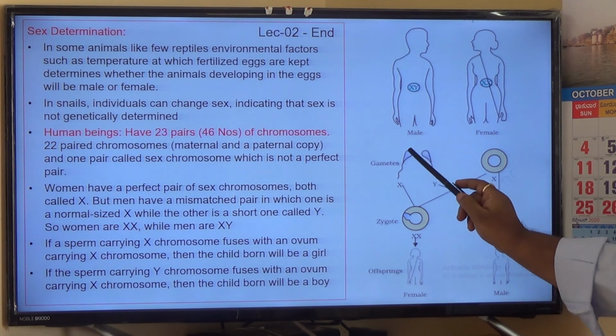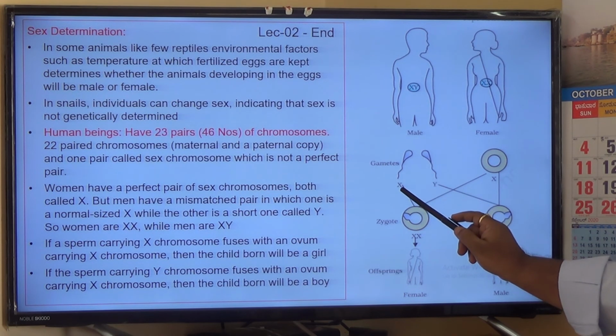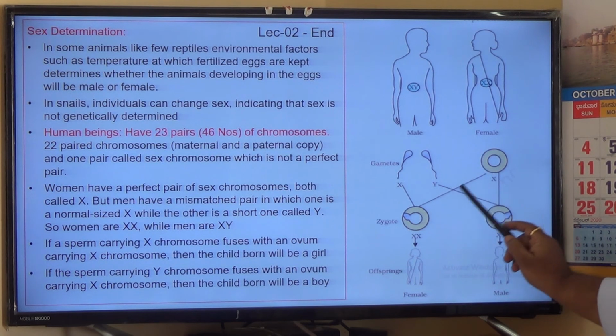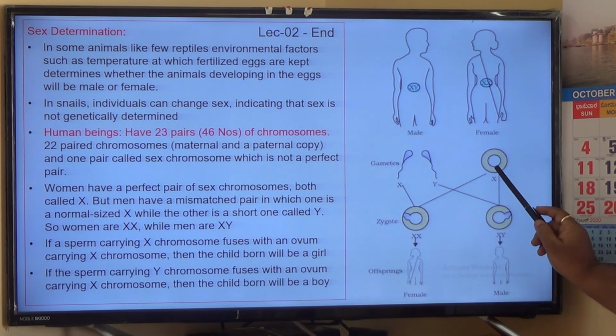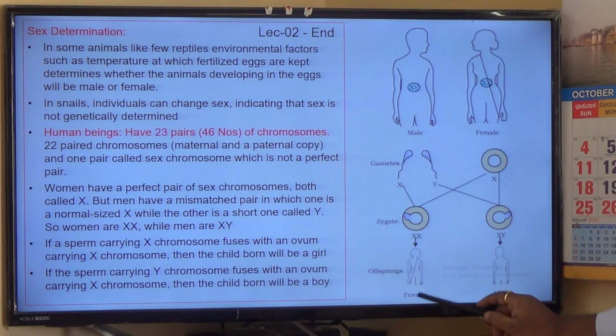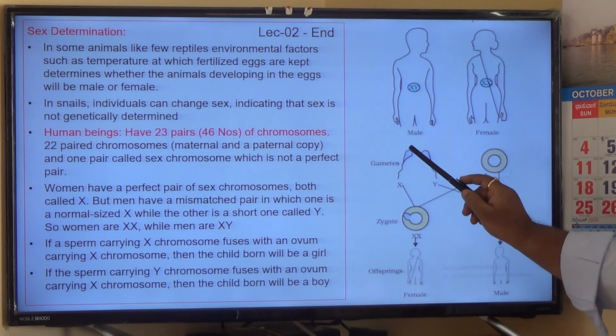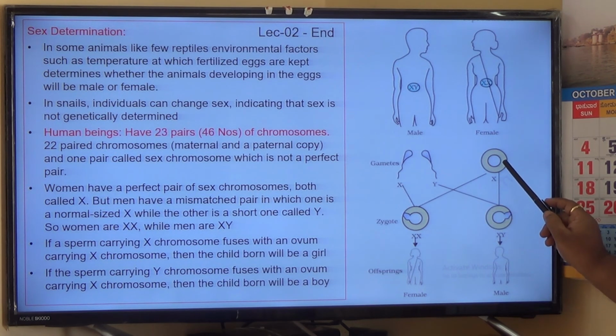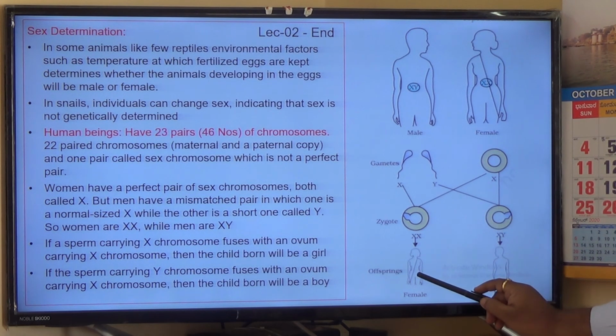Now, if the sperm containing the X chromosome fuses with an egg, as shown by the combination of X chromosomes over here, the zygote formed will lead to a female offspring. So, if a sperm containing an X chromosome fuses with an egg containing an X chromosome, then the offspring produced is a girl.